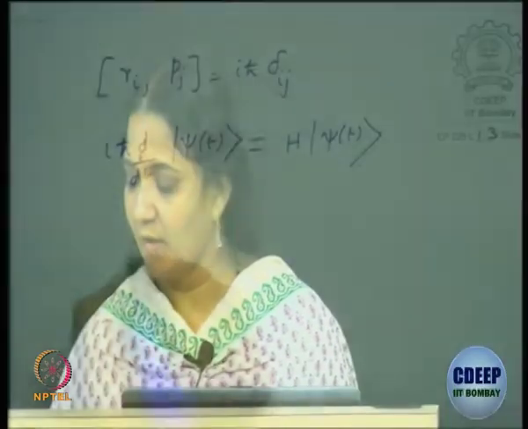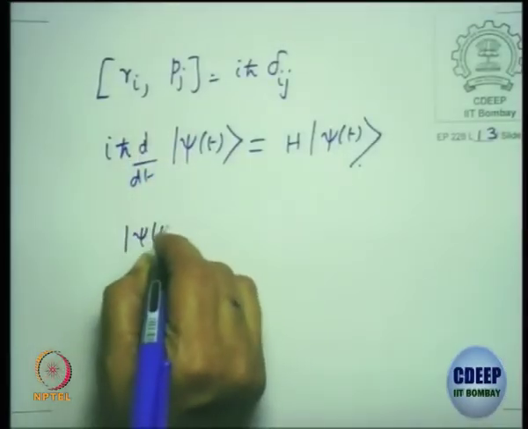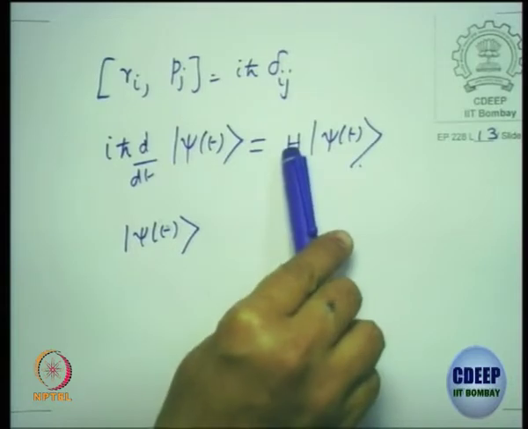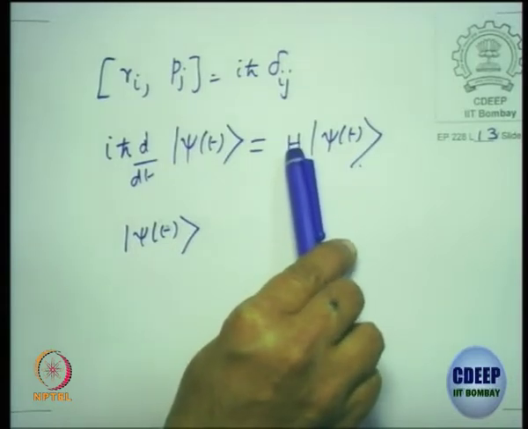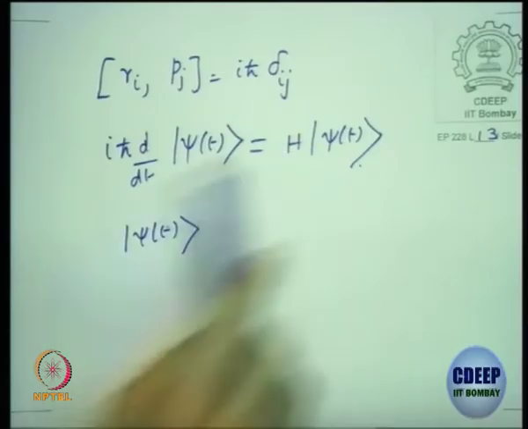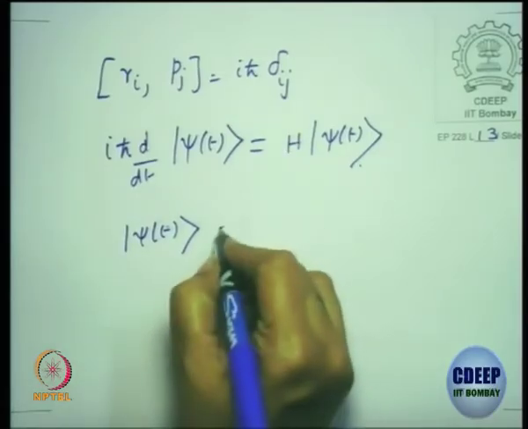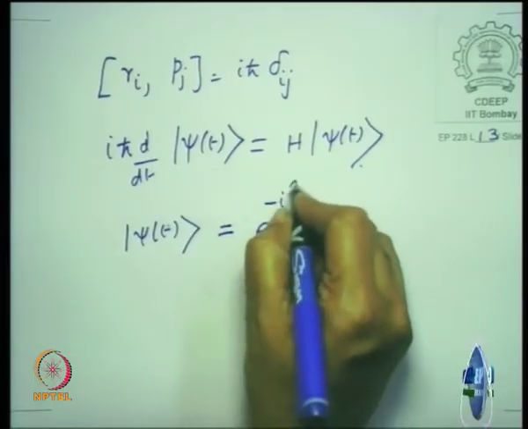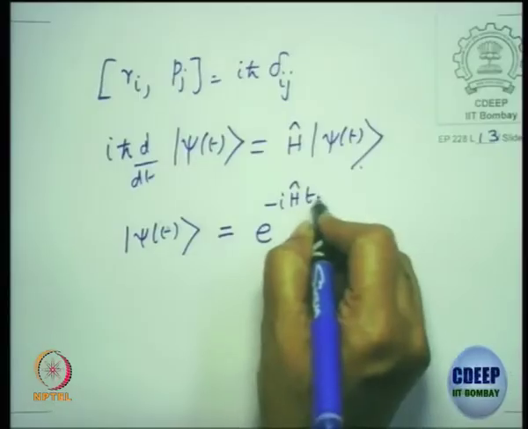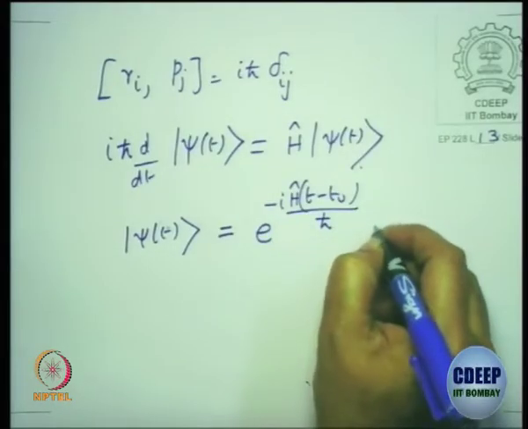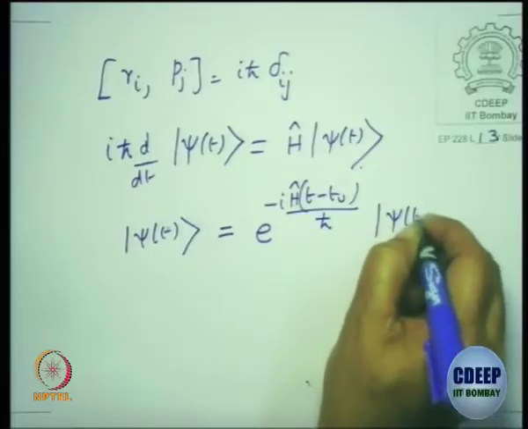Then we tried to find psi of t for a time independent potential energy. If this becomes a time dependent Hamiltonian, then you can't do this, because this H is independent of time. You can rewrite this as psi of t equals exp of minus i H (t minus t naught) over h-cross acting on psi of t naught.